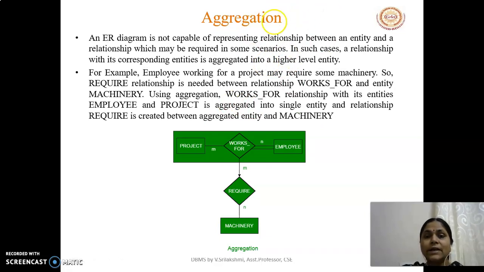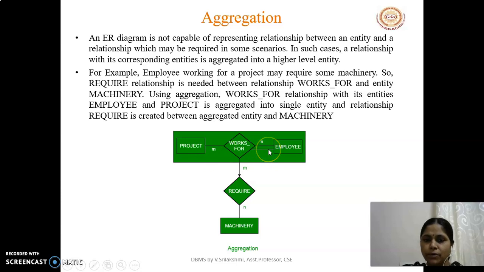The next type of enhanced ER model is aggregation. An ER diagram is not capable of representing the relationship between an entity and a relationship, which may be required in some scenarios. In such cases, a relationship with its corresponding entities are aggregated into a higher level entity, which means a group of entities are combined together to form a higher level entity. For example, if you see here, employee is an entity, project is an entity.